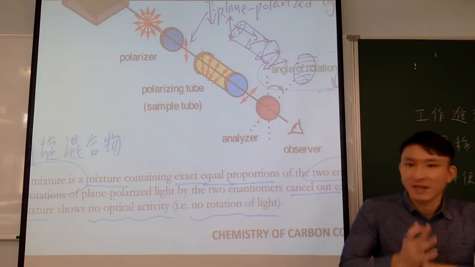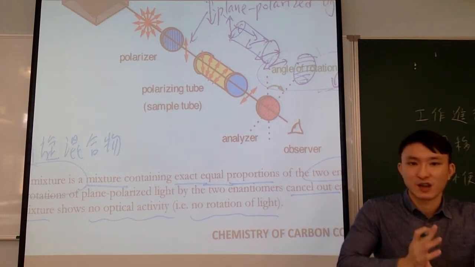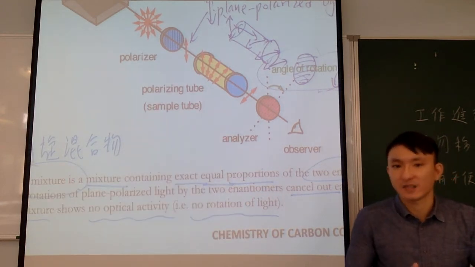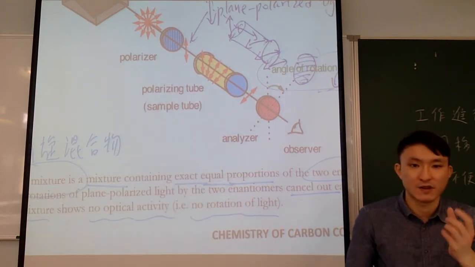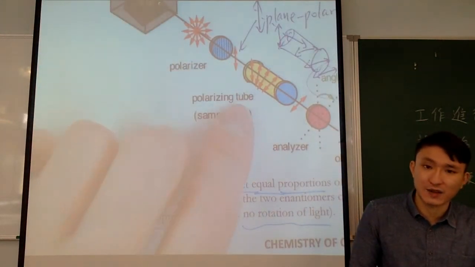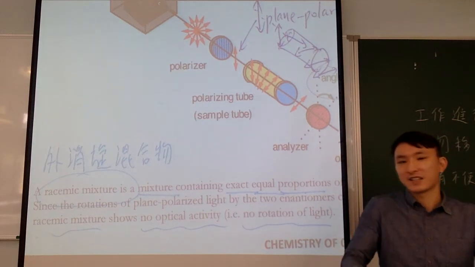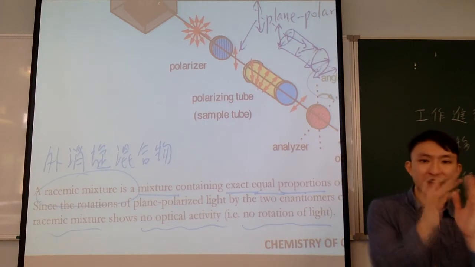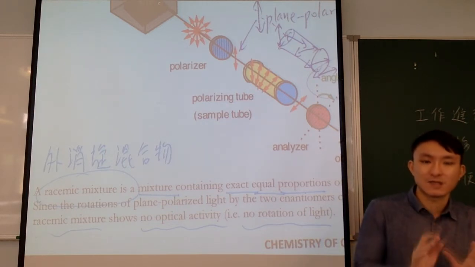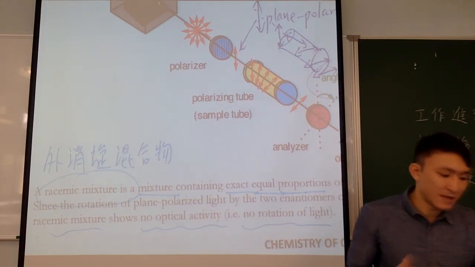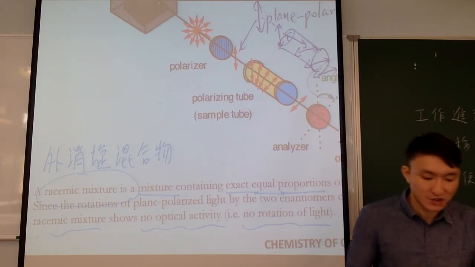That means there is no rotation of plane polarized light, meaning that the sample shows no optical activity. So this one is a very special case. Bear in mind, if we do not have exactly 50-50, let's just say we have 40 versus 60, then we will still have a net rotation. So racemic mixture emphasizes that there must be exact equal proportion. That would be the meaning of all these terms.